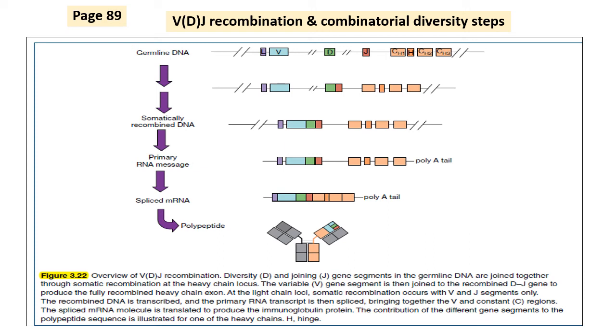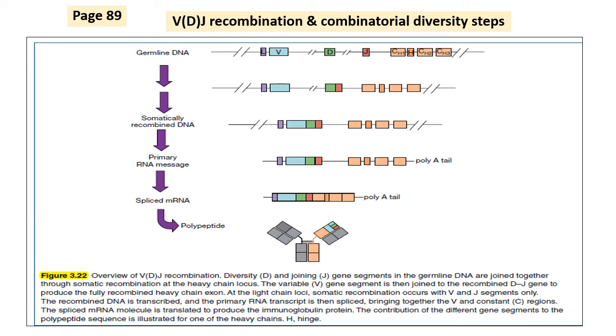The rearranged DNA is then transcribed into messenger RNA, and the RNA transcript is spliced to join the V region exon and C region exon together. Then the spliced messenger RNA is translated in order to produce the final immunoglobulin protein.